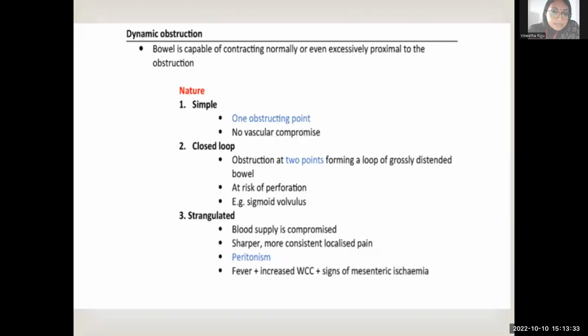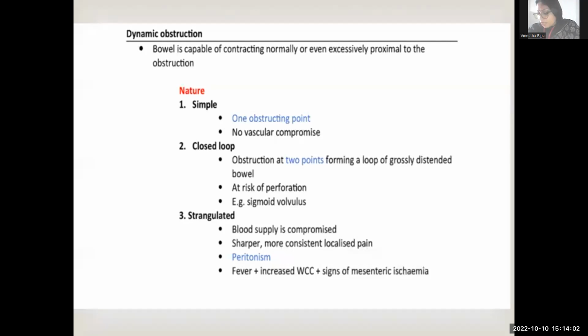Rebound tenderness, it is called. Okay, and these patients can present with fever, and when you check their WBC count, that will also be high in the blood. And if there is mesenteric ischemia, they can have bloody stools as well. Now, there is also chances for perforation in a closed loop obstruction.